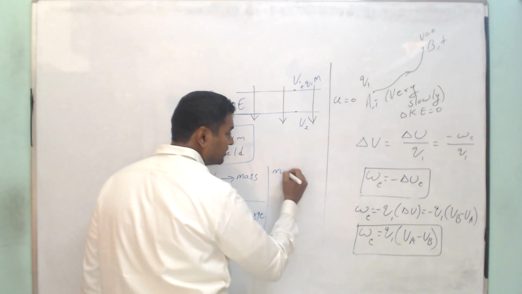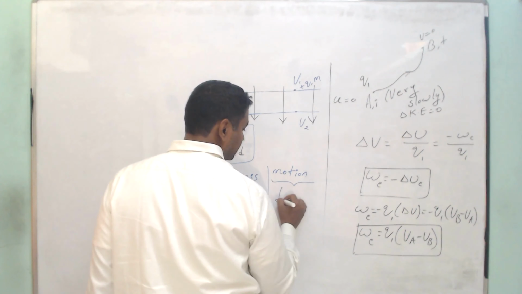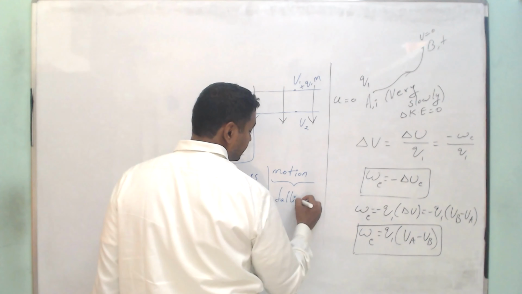We are studying the motion of the particle, correct? If I place a point test charge or a point mass m, in both the cases it is falling downwards. Falling downwards means that I am studying the motion of the particle. And the motion in both the cases is basically falling downward.